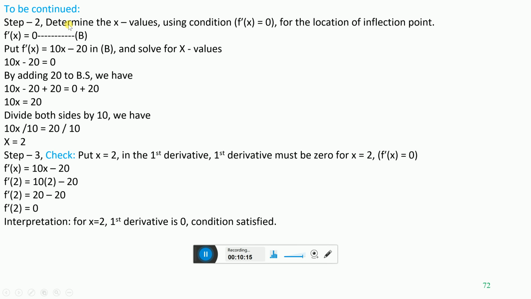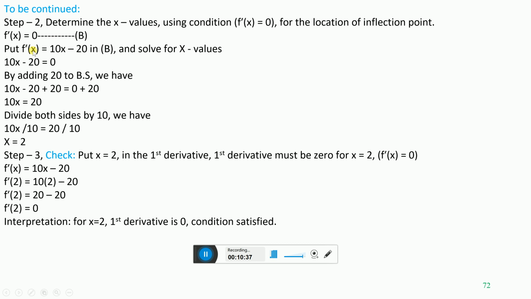Now step 2, determine the x values using the inflection point condition. We have f prime of x is equal to 0. I give this the name b: this is the inflection point condition, the point at which the first derivative of the function is 0. Using this condition we can determine x values.